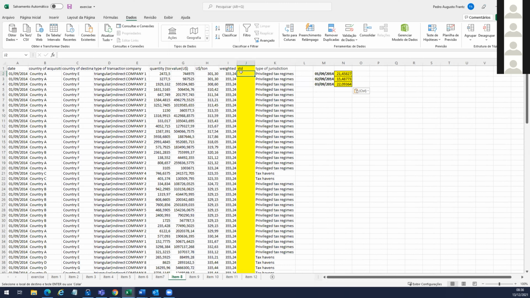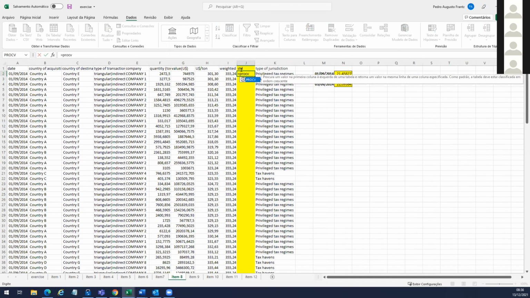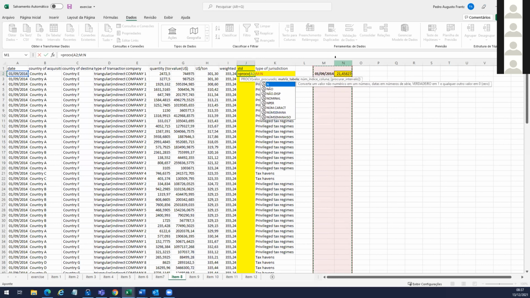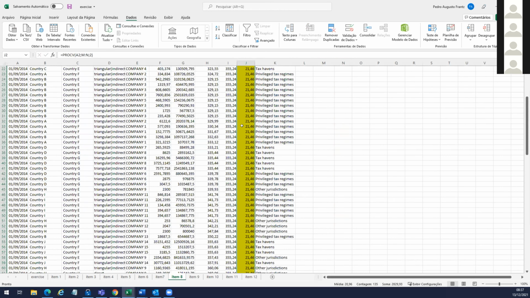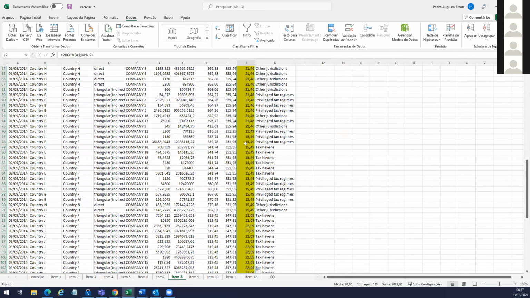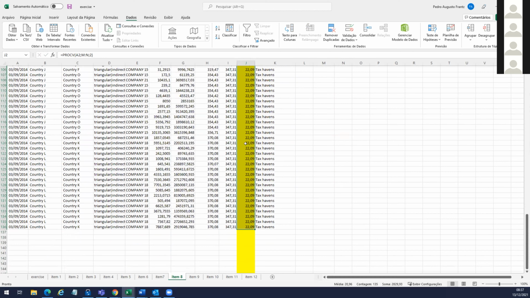In Portuguese it is PROCV. My Excel is in Portuguese, but in English, please use VLOOKUP. I choose this database, semicolon, 2. Okay, I will replicate this formula here. And then our standard deviation.